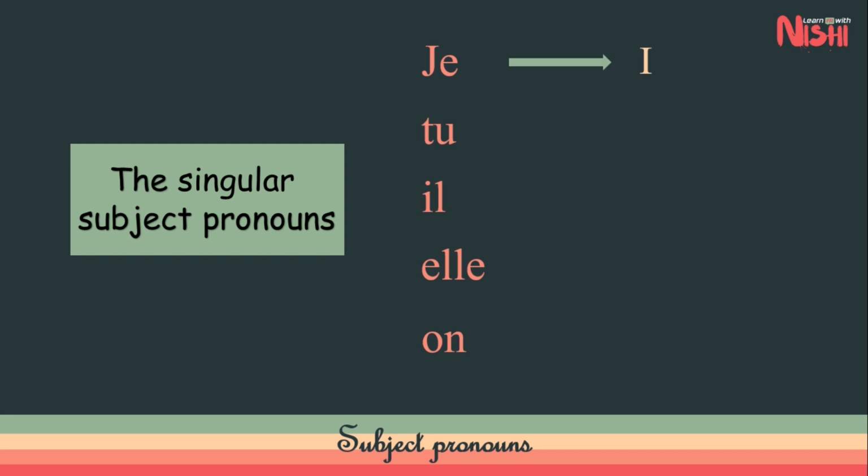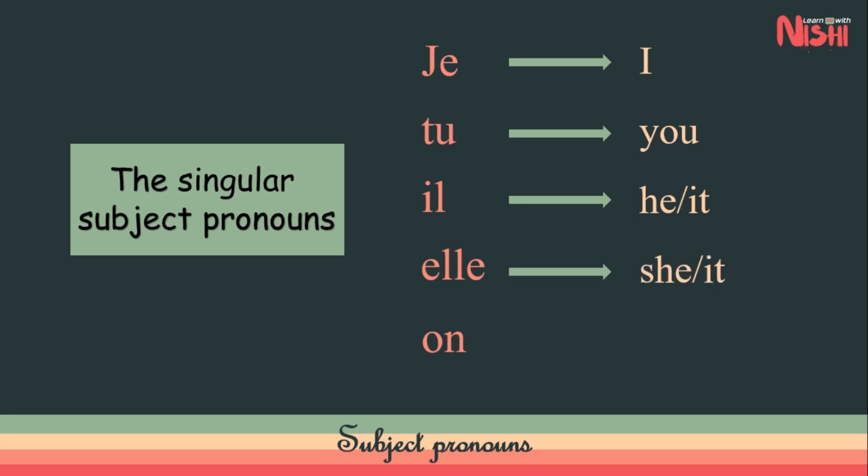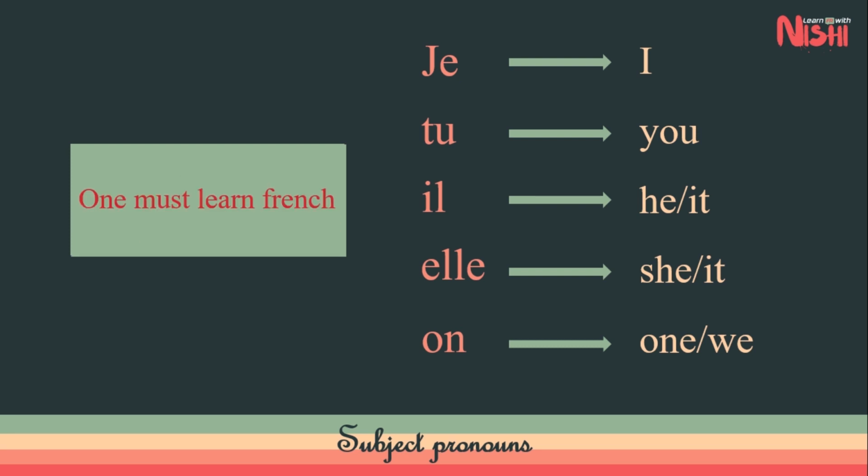Je means I, tu, you, il, he or it, elle, she or it, on, one or we. Here, one is not a number, like one must learn French, indicating people must learn French.